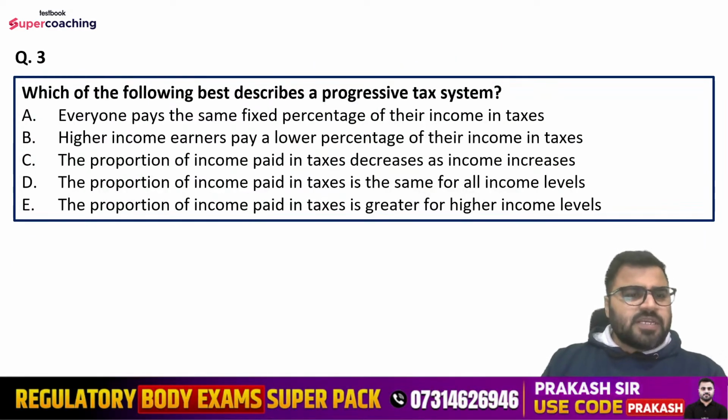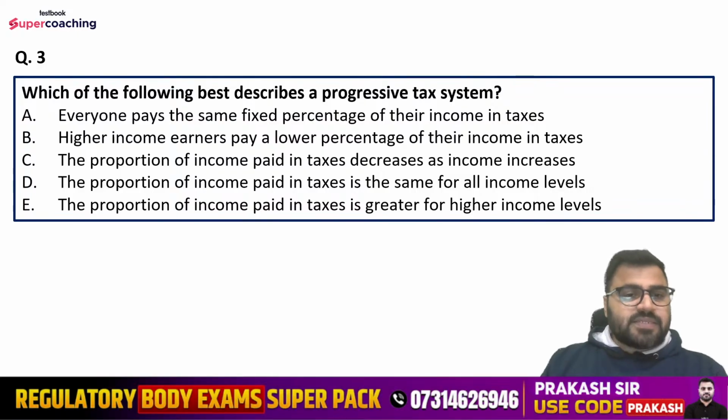Question number third is, which of the following best describes a progressive taxation system? Options are, everyone pays the same fixed percentage of their income in taxes, higher income earners pay a lower percentage of their income in taxes, the proportion of income paid in taxes decreases as income increases, the proportion of income paid in taxes is the same for all income levels, the proportion of income paid in taxes is greater for higher income levels.